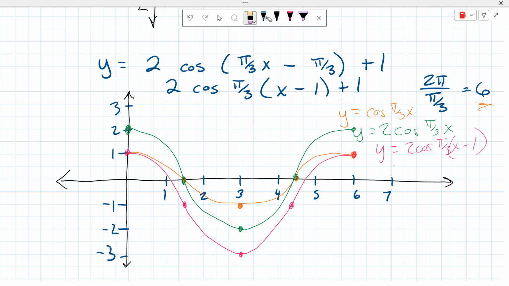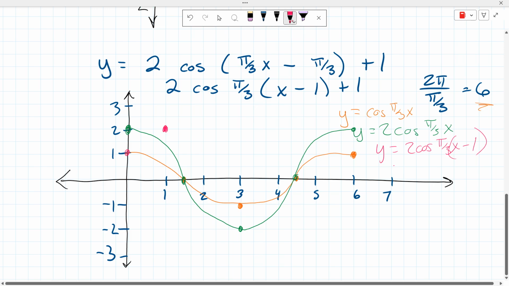Wait, Mr. Bierschbach, what are you doing? 1 to the right, Mr. Bierschbach. There we go.